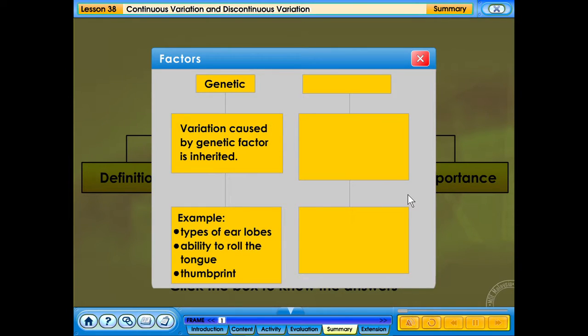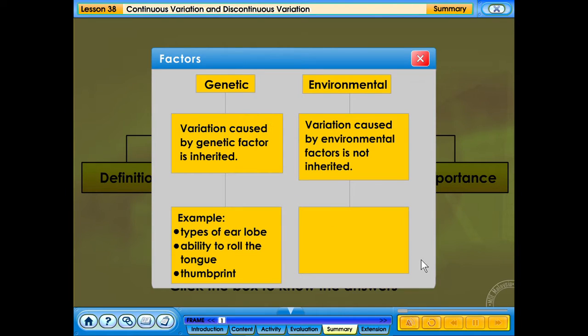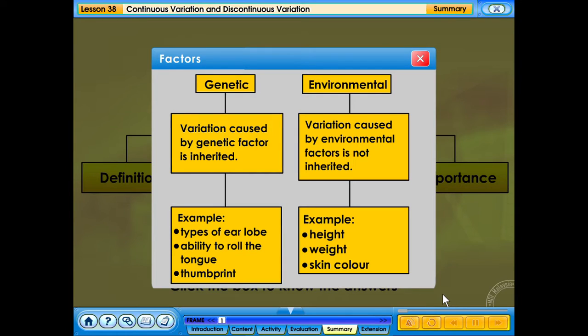Example: types of earlobes, ability to roll the tongue, thumbprint. Environmental. Variation caused by environmental factors is not inherited. Example: height, weight, skin color.